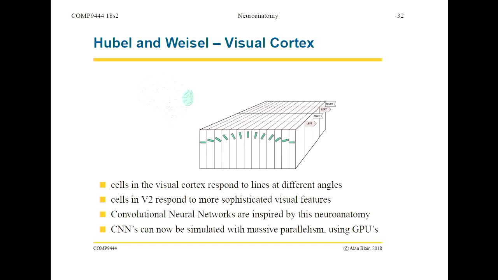Okay, so let's talk about the vision system. And this goes back to Hubel and Wiesel that I mentioned. These guys did experiments mainly on cats, I guess.